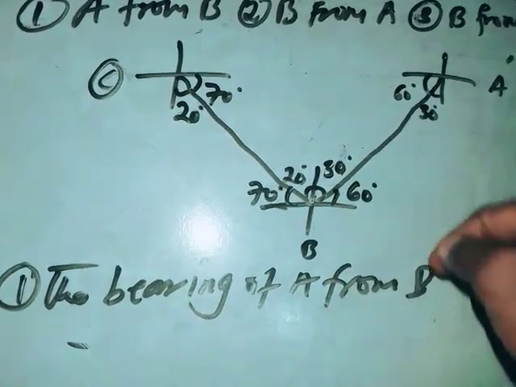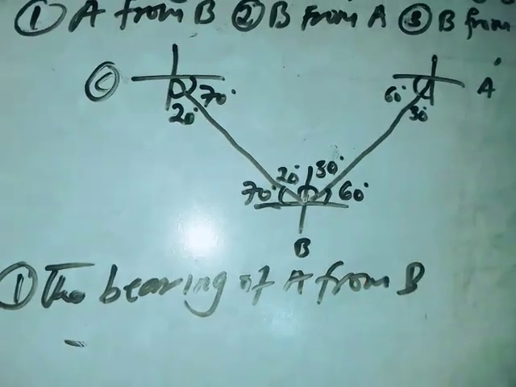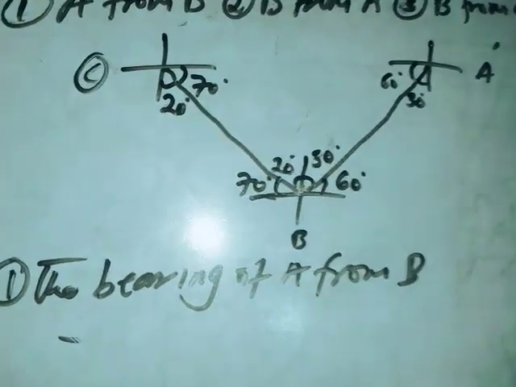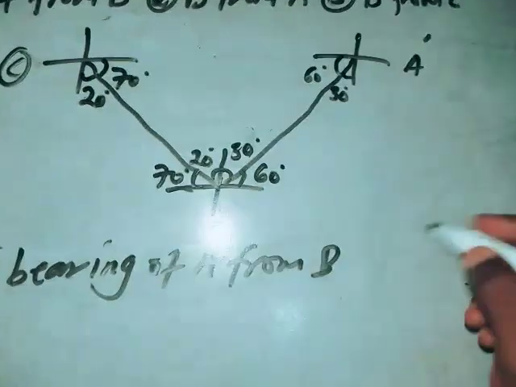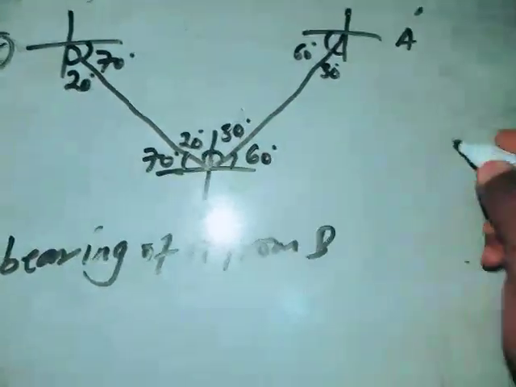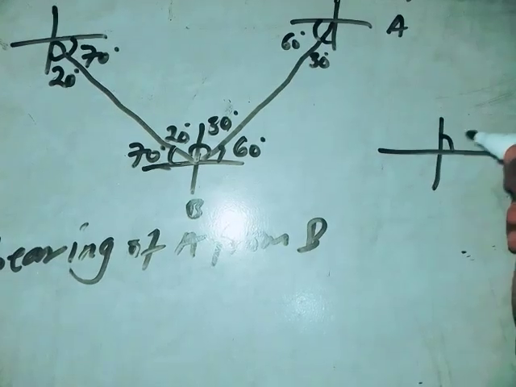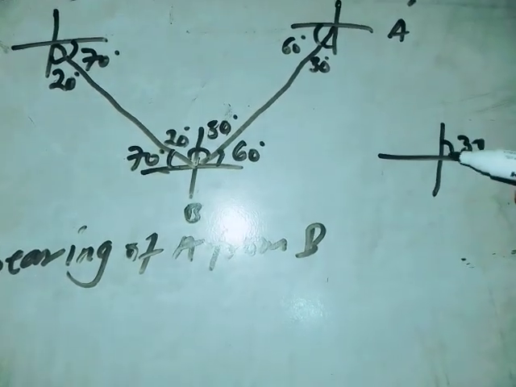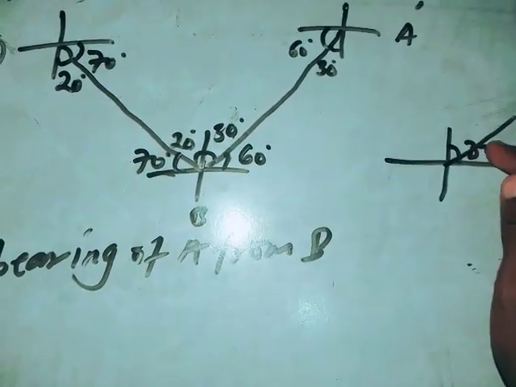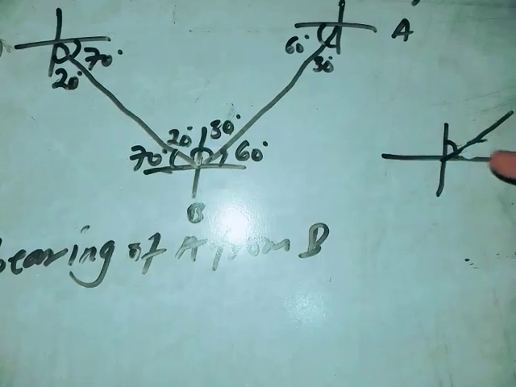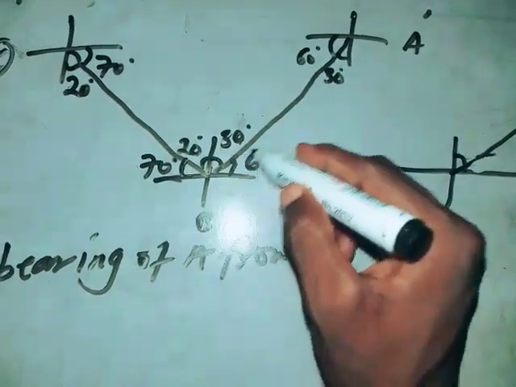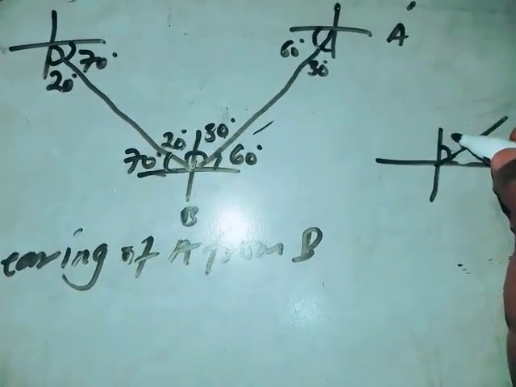And where your line stops is your bearing, by starting from the north pole. Where is the north pole? Look at the north pole here. For example, let me draw this out. For example, you have this place. This is the 30 degrees we have. Remember, there is a line drawn like this, which is this line. So this is your 30 degrees.